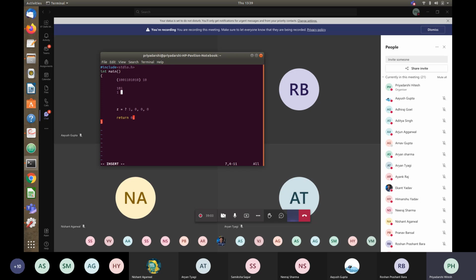So what will be the answer? 1 into 2 raised to 0, that will be 1, plus 0 into 2 raised to 1, so that would be 0, plus 1 into 2 raised to 2, that would be 4. So this will be equal to 5 when you convert a binary number to decimal. Okay. Now what if you have to do the exact opposite? How will you convert decimal to binary?